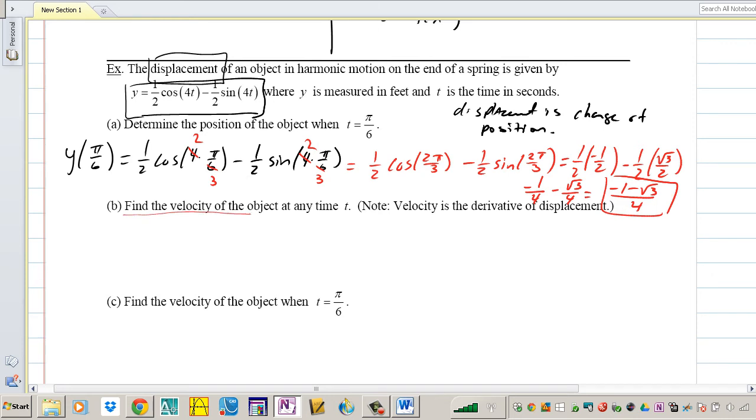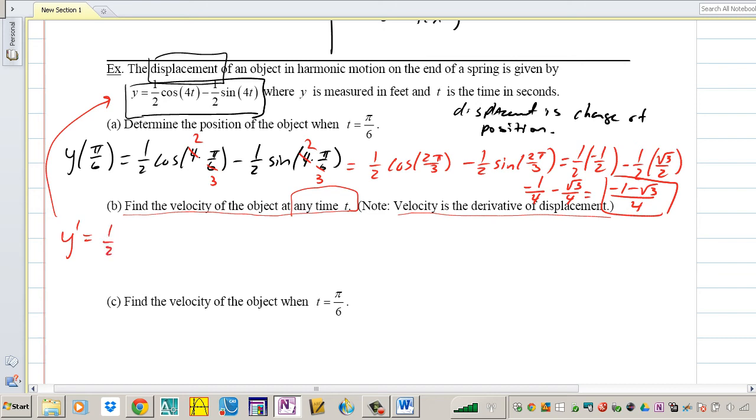Find the velocity of the object at any time t. Note, velocity is the derivative of displacement. Any time they tell you to find the velocity at any time, they simply want you to find the velocity function. So y prime would represent velocity, because y is displacement.